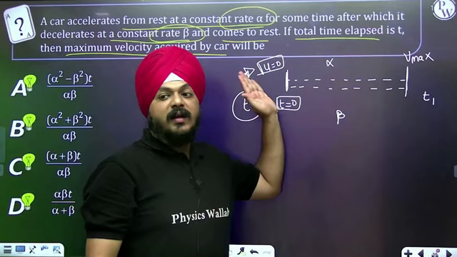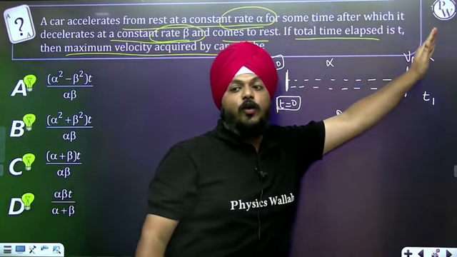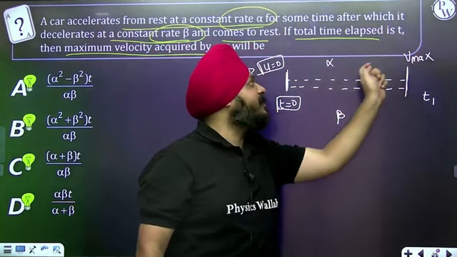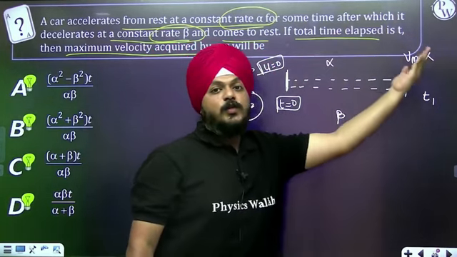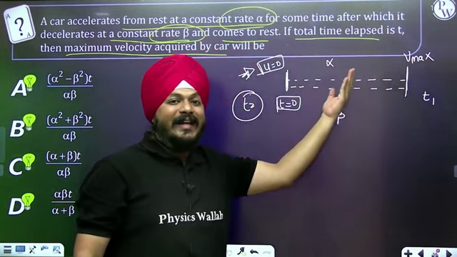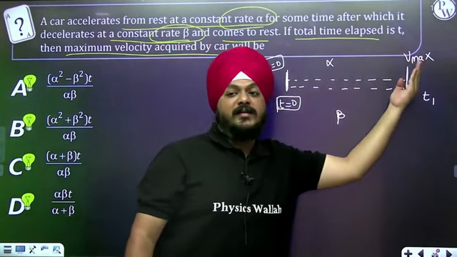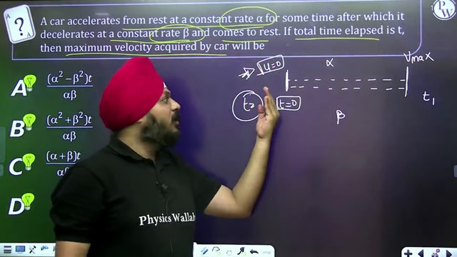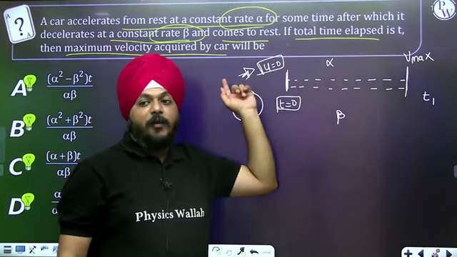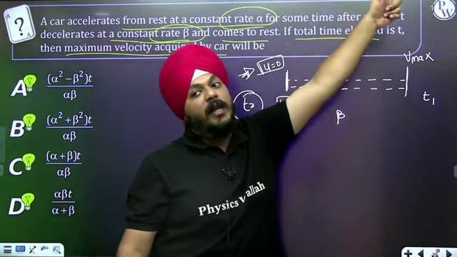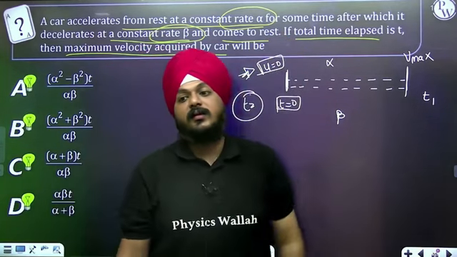Start from rest, reaching up to the maximum value, it will take time t1, getting accelerated by alpha. Slowly it gets decelerated by beta, and the velocity from maximum again comes back to 0. In summarized form, it started from rest, reached the maximum value, and again came back to rest.